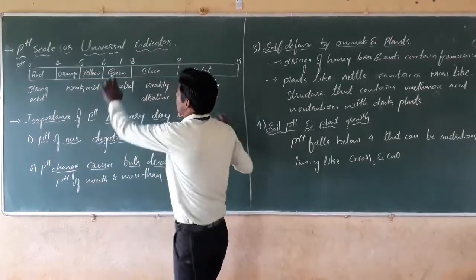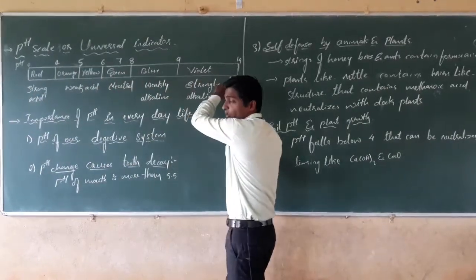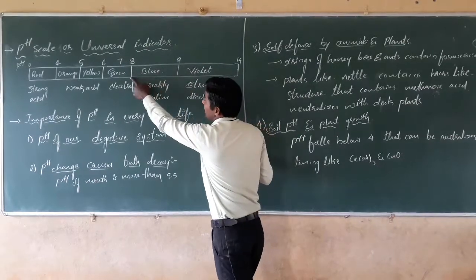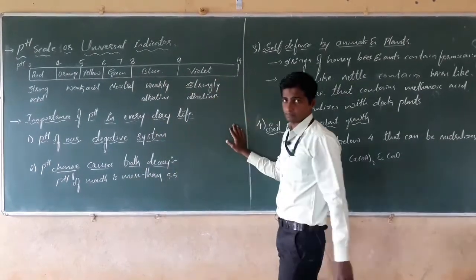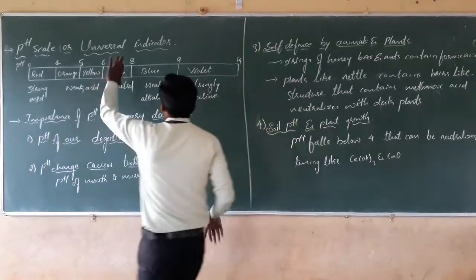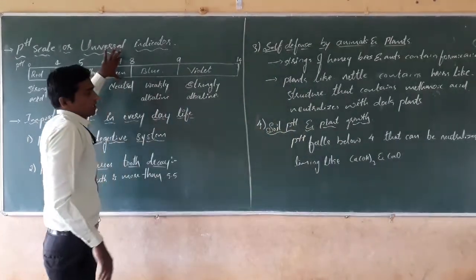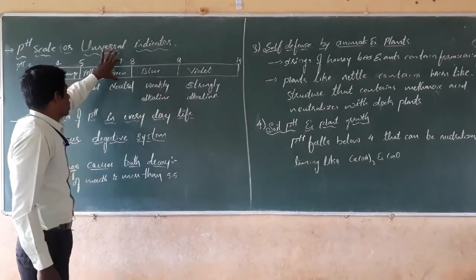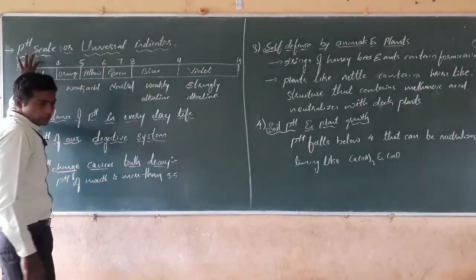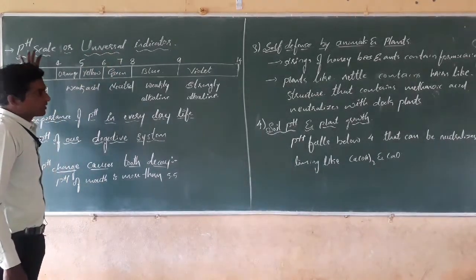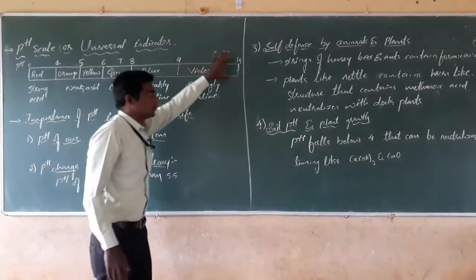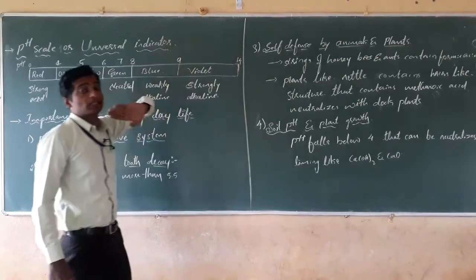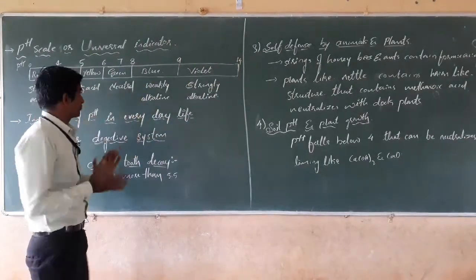And when we go from 7 towards 14, the basic nature increases. Exactly at 7, the solution is neutral. If the reading goes towards 0, the solution is acidic. If it goes towards 14, the solution is basic.